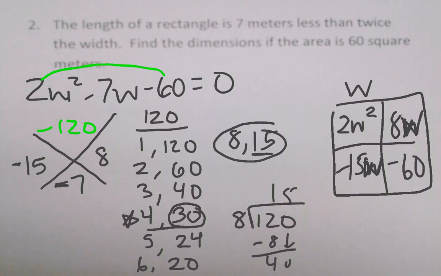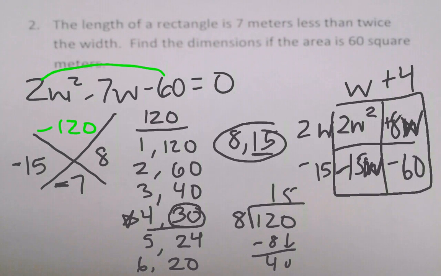Let's see. 4. What goes into 2 and 8? 2, and that will be a W. What goes into 15 and 60? That will be 15. And let's check our signs. This is a positive 8, so this should be a positive 4. This is a negative 15, so this should be negative.